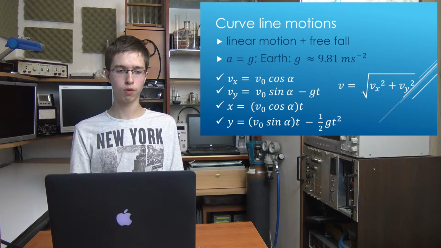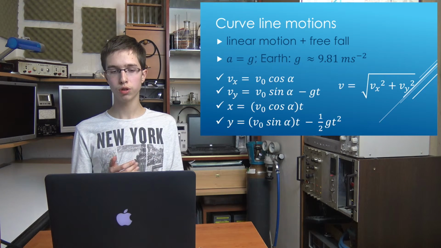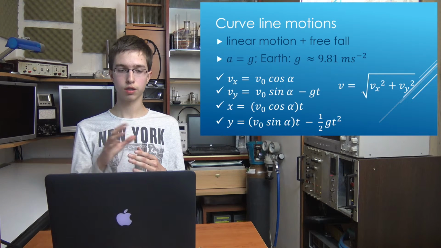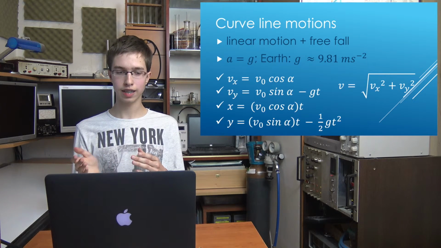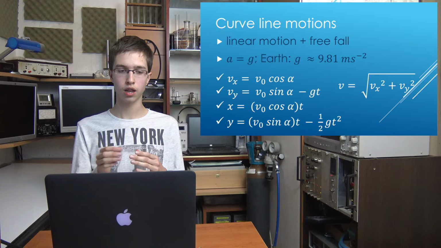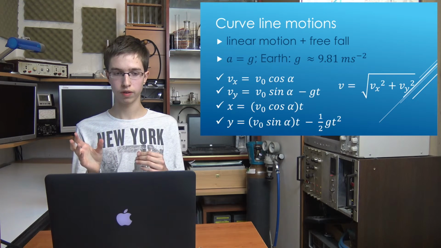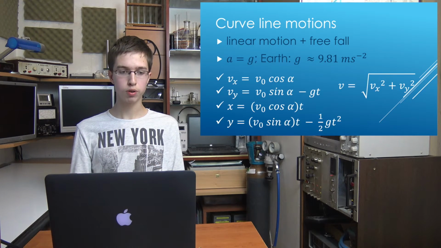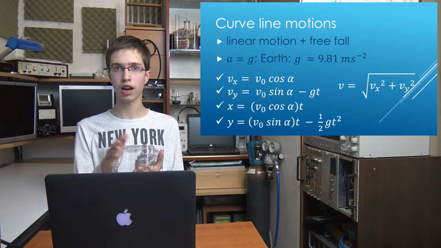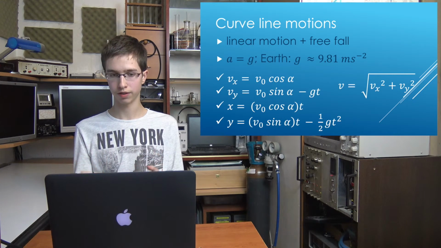And the last two formulas, x and y, refer to, as I've already said in the horizontal motion, the distance of the body in x and y-axis direction from the starting point, which are actually the product of velocity and time, which is distance.